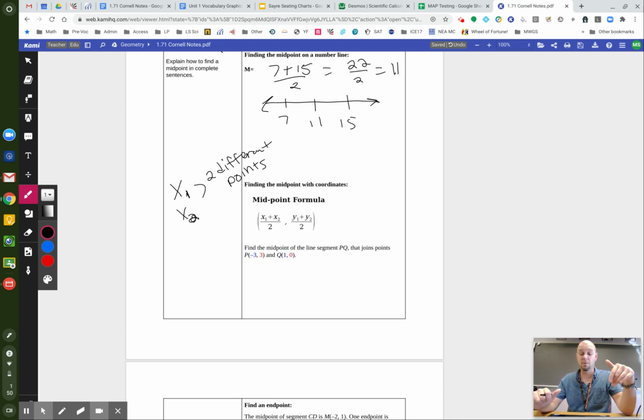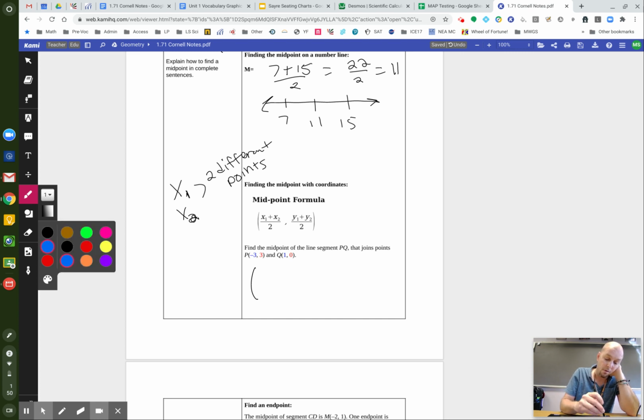So we're going to find this midpoint for a line segment PQ that joins the points -3, 3 and 1, 0. So I'm going to take those and put them into my formula that's right up here. I've got my x's, which is -3 plus 1, because I'm using these two right here, okay? And then I'm going to divide those by 2.